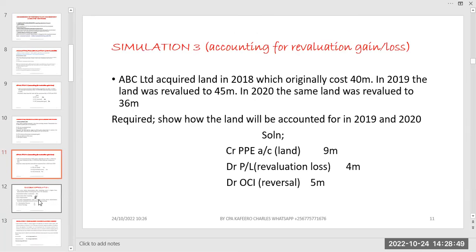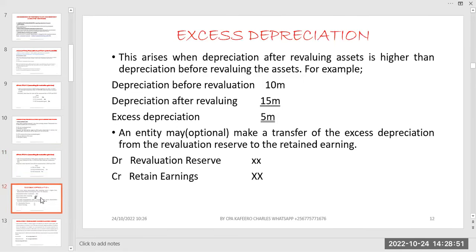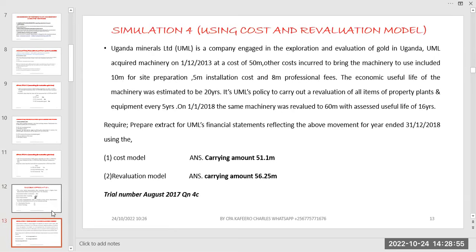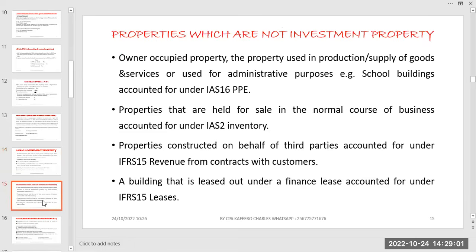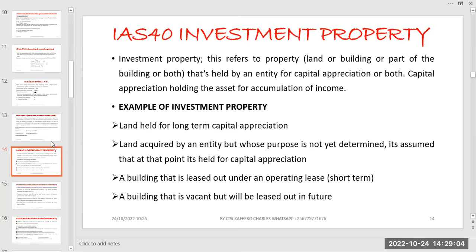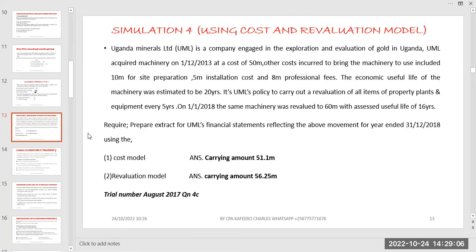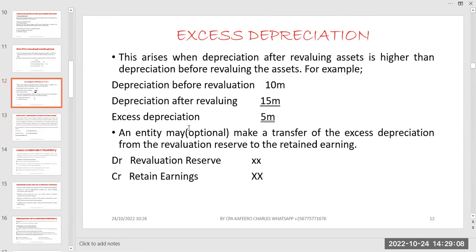There are two simulations, and this one is another simulation. Okay, let me first explain this before we do any computation.